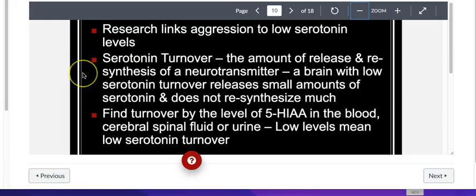Serotonin, low prefrontal serotonin correlates with impulsive aggression, for example, violent offenders. SSRIs, like Prozac, reduce hostility by boosting serotonin. Dopamine, overactive reward circuits, nucleus accumbens, reinforce aggressive wins.